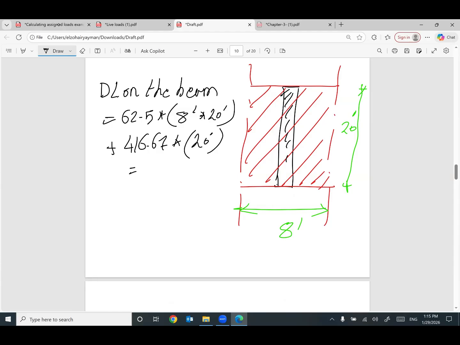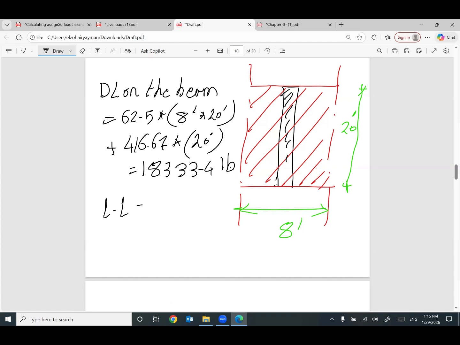I can get the total dead load will equal 18,333.4 pound.